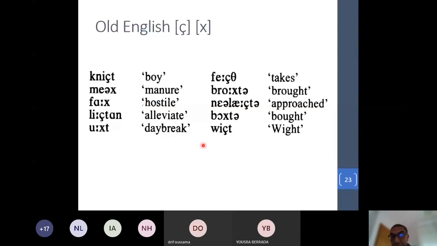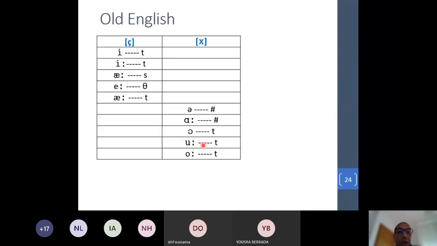Let's have a look at the distribution and the environment for these two sounds. As you can see here, on the right we have the environment for one sound, and on the left we have the environment for the other. Now let's study the right environment. The right environment is overlapping for both sounds because we have the presence of t.